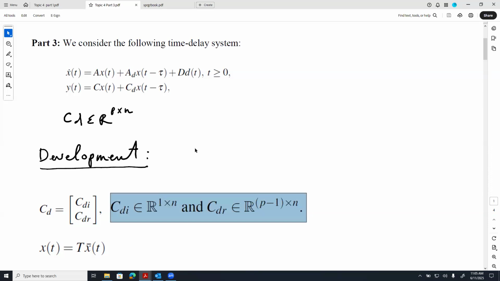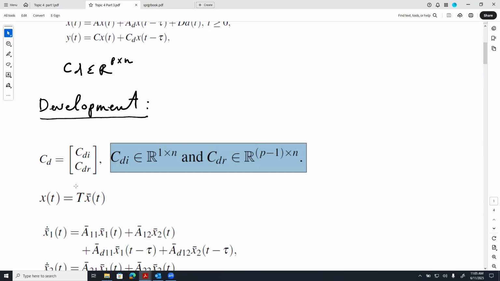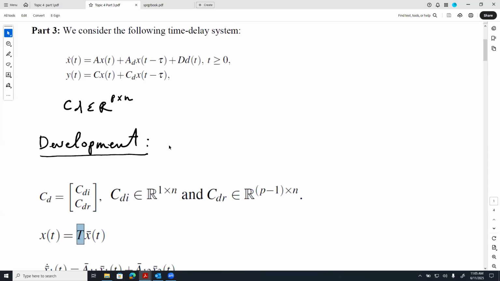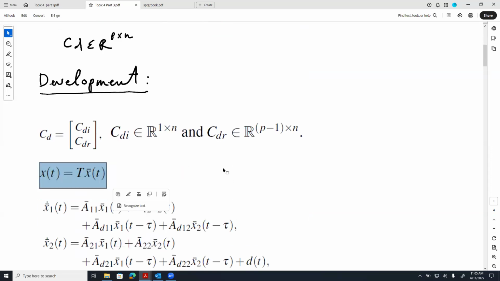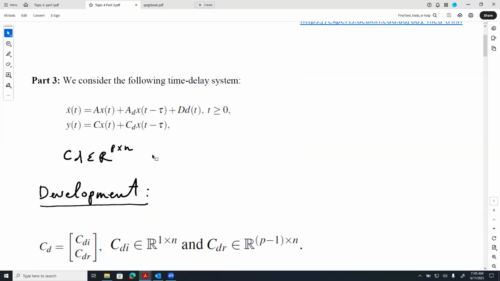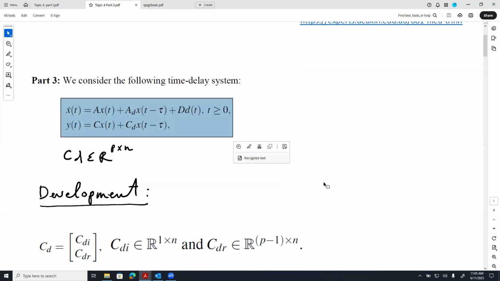Now, if we use our existing state transformation from the previous topics, where we pick the matrix T to be the matrices E and D, and E has a specific structure, we're not going to go into detail of that again, assuming that it is already well discussed. So when we apply this state transformation to this time delay system, it is relatively straightforward.